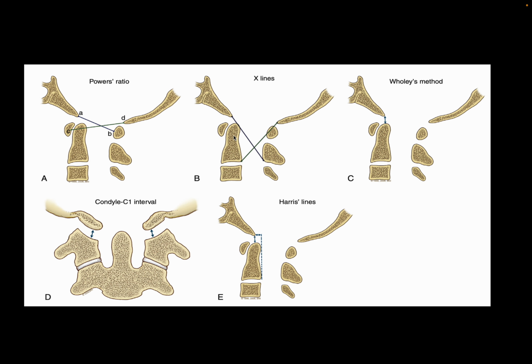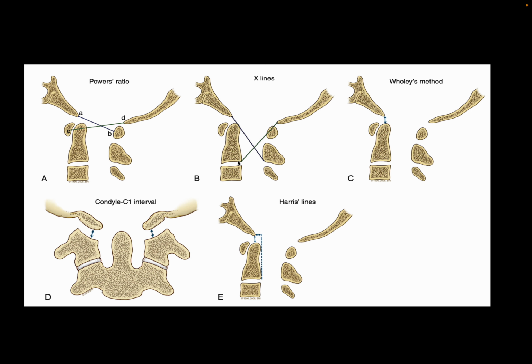Now when we look at the X lines, this was described by Lee et al. It's a line from the basion to the axis spinolaminar junction, so basion to the C2 spinolaminar junction, and then a line from the opisthion right down here to the posterior inferior corner of the body of the axis.